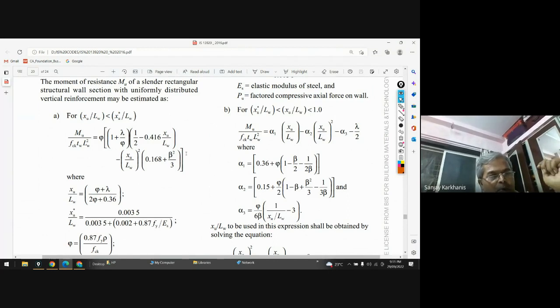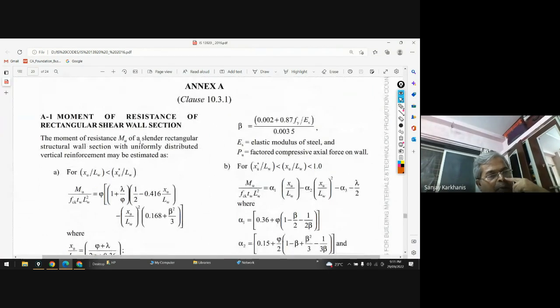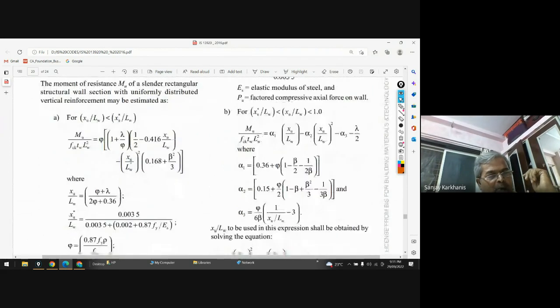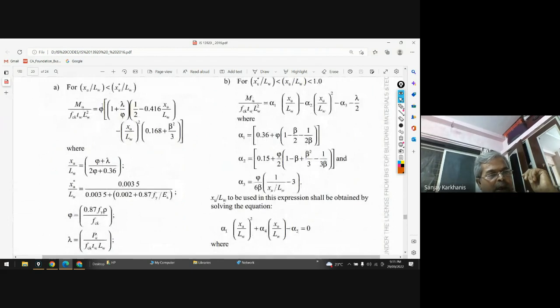See, if you want to design or find out the moment of resistance of a rectangular shear wall section, then as per this clause, you have to follow all these calculations. You have to find out phi, you have to find out lambda, then for various conditions of XU by LW, whether it is like a rectangular flange beam.